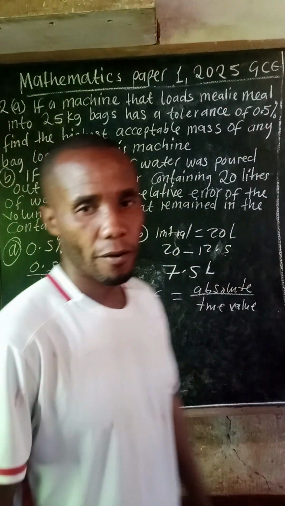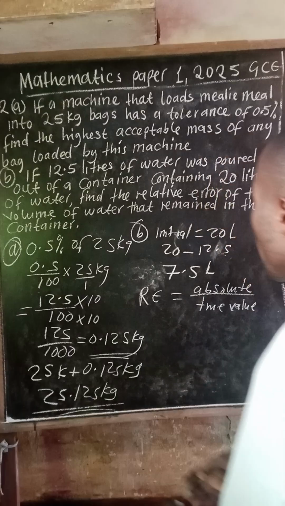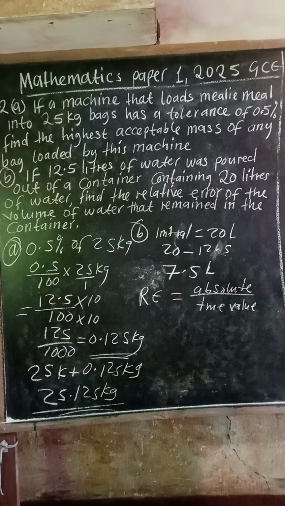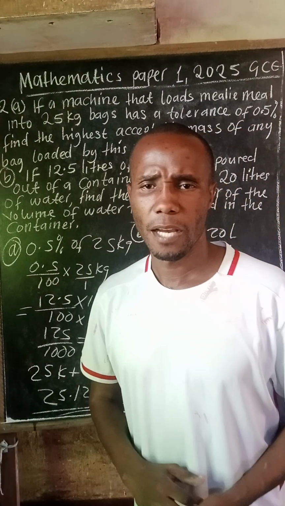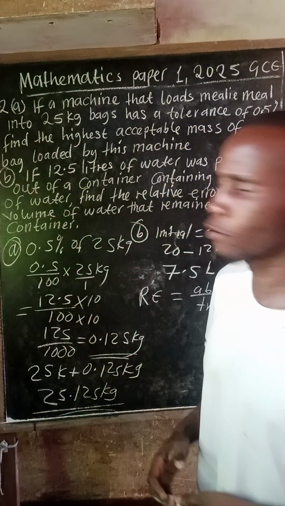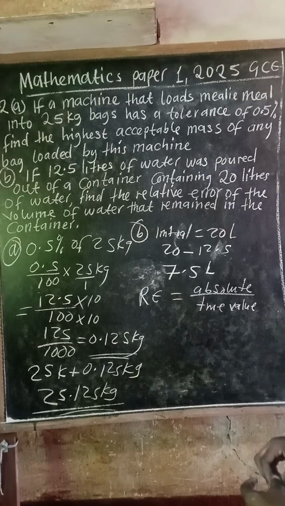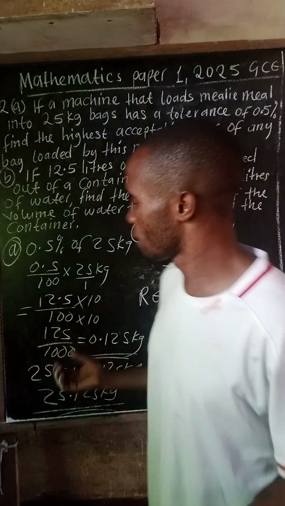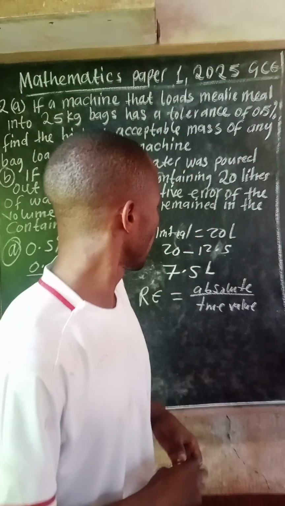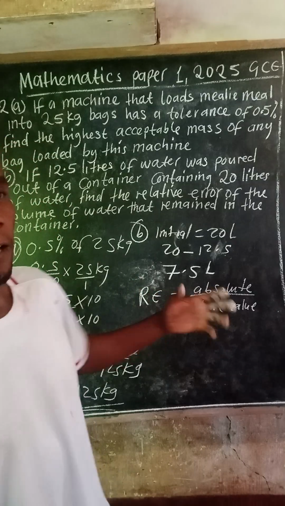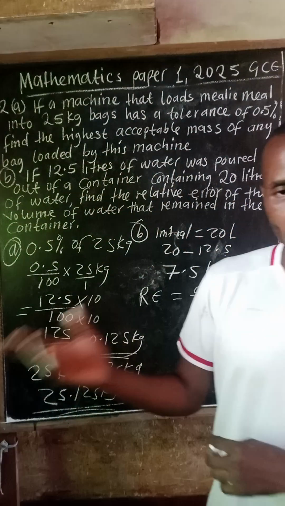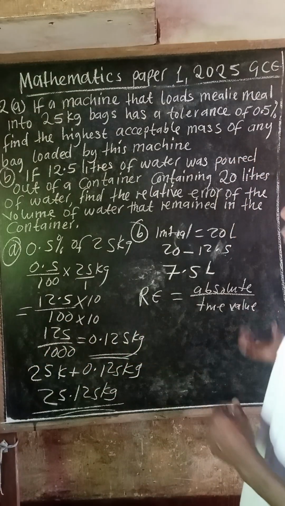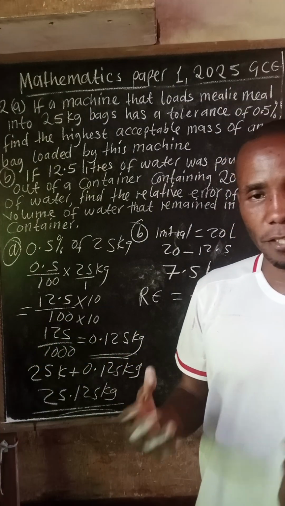In this case, the true value that we have is 7.5 liters. So now what about the absolute error? How do we find absolute error? Absolute error is actually the difference, equal to recorded value minus true value.